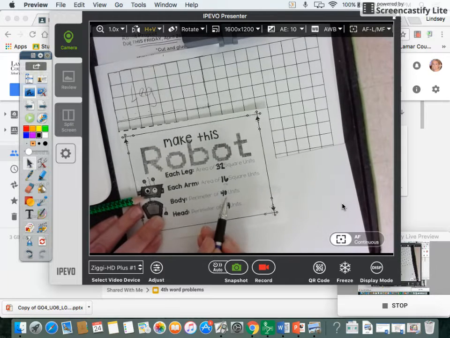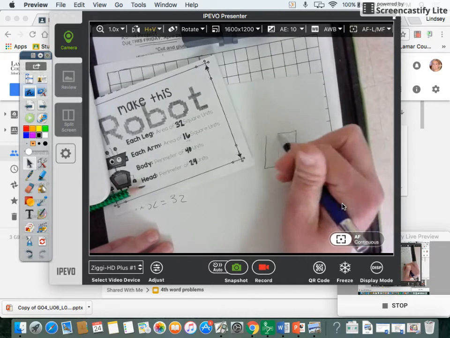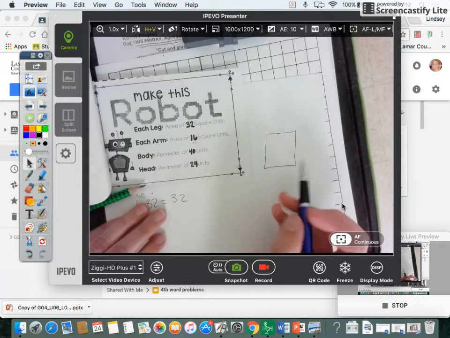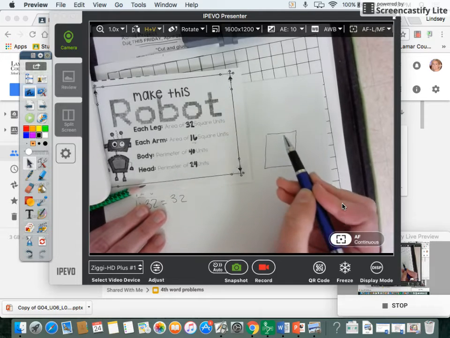Now, when it comes to perimeter, how do you find the perimeter? Add all the sides. That's right. So I know that my body is going to be a 4-sided shape. It's going to be a rectangle of some sort. And if it's going to be 40 units, that means all 4 sides have to equal 40.